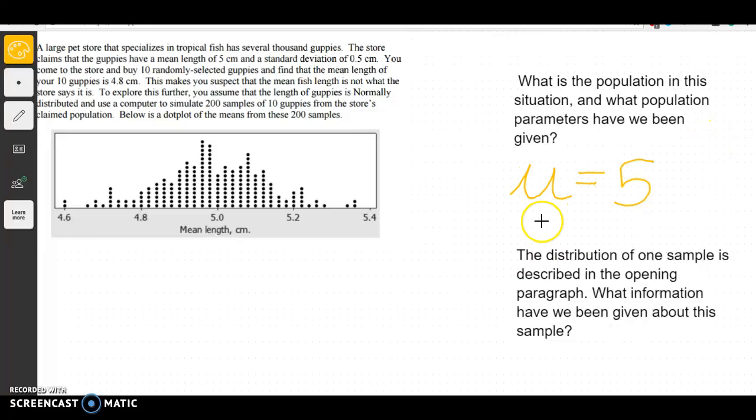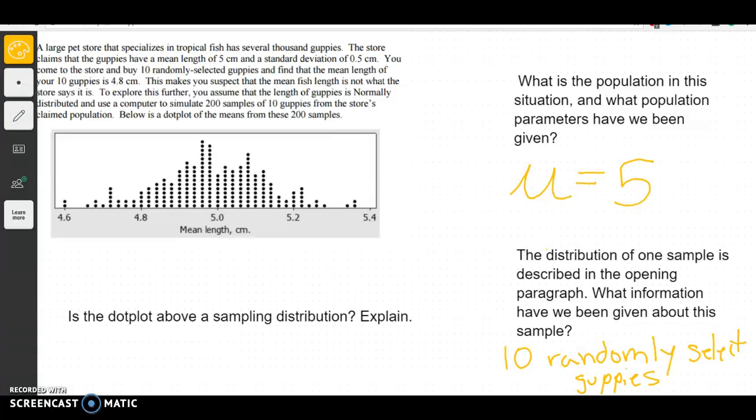And then the next question that comes from this is: the distribution of one sample is described in the opening paragraph. What information have we been given about this sample? Well, I would say the information that we've been given is it's 10 randomly selected guppies, which is really good for us. So that would be one of our samples, 10 randomly selected guppies.